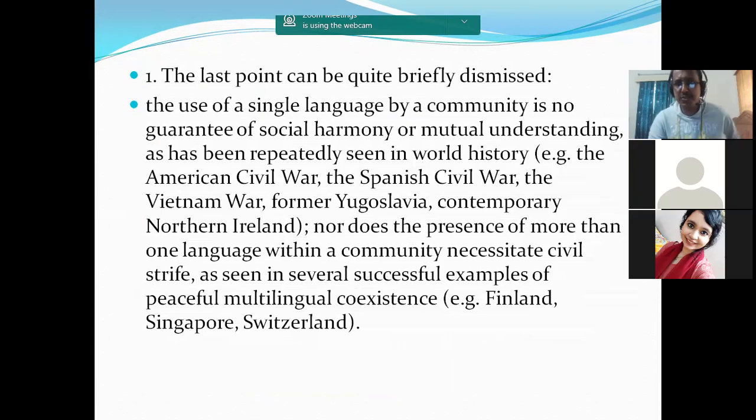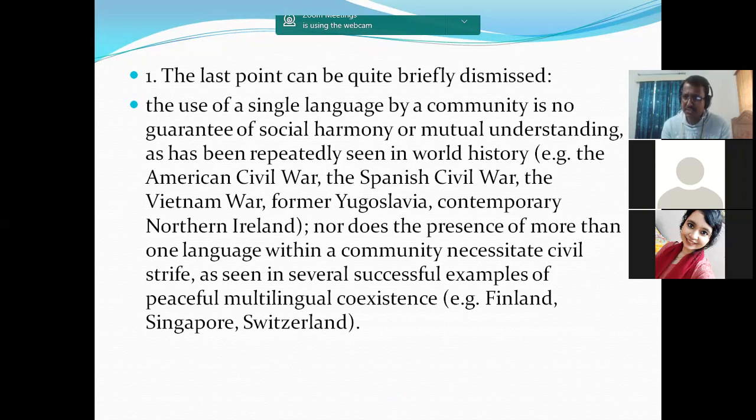That is, the use of a single language by a community is no guarantee of local harmony or mutual understanding. The supposition was that if a country's people use one language, that country will be more united and there will be social harmony.